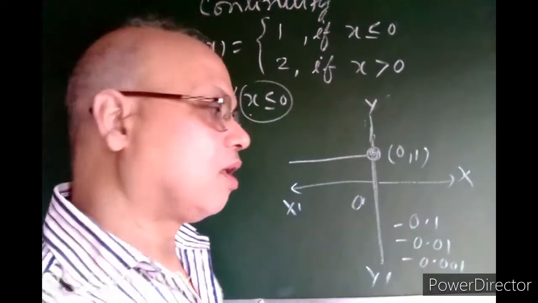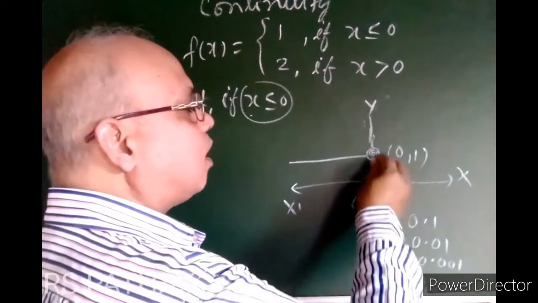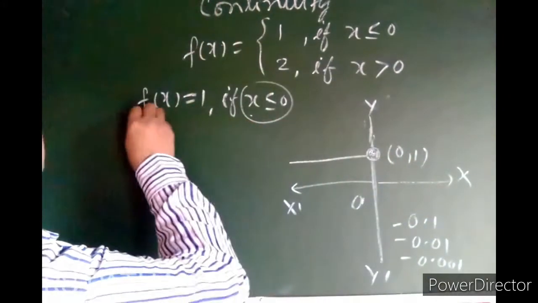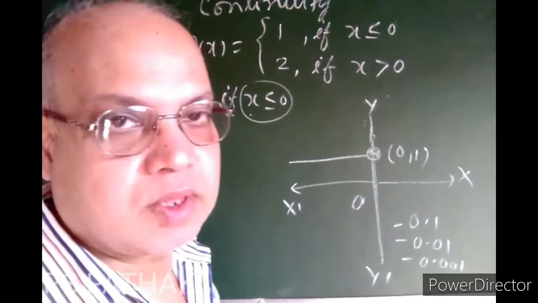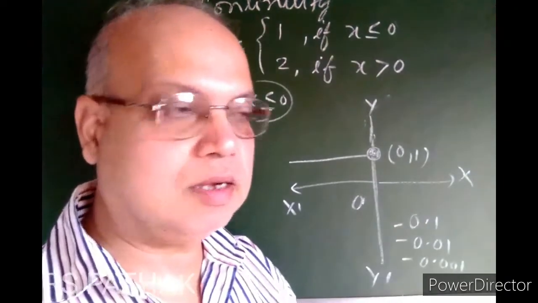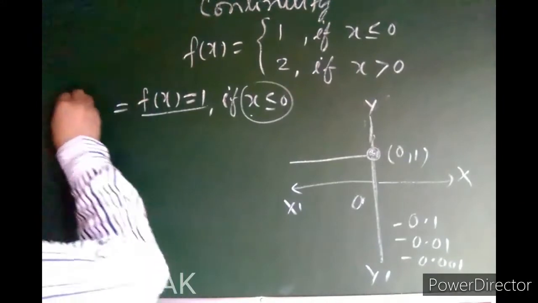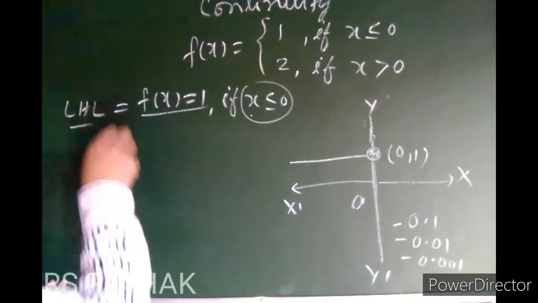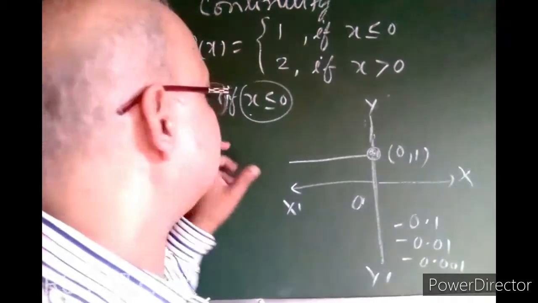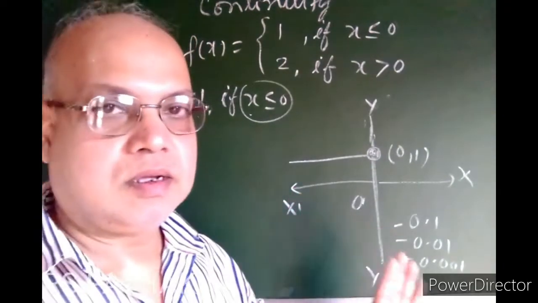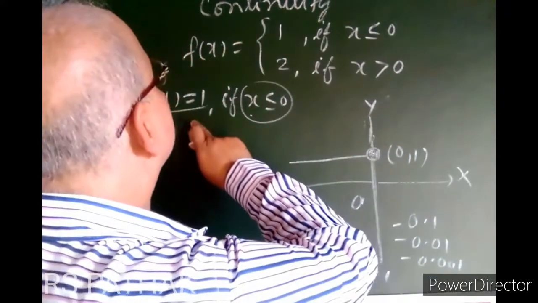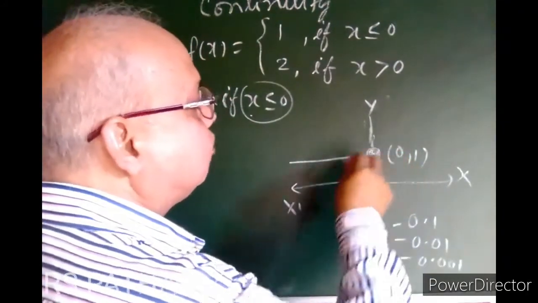From smaller numbers up to 0, the value of the function is 1. This is called the left hand limit. And the value of f(x) is 1, and 0 is included.